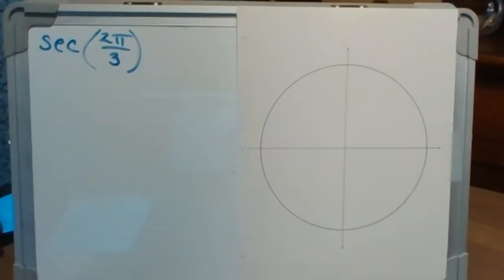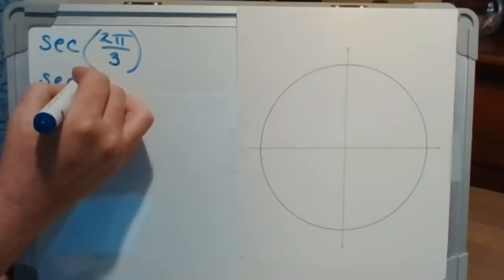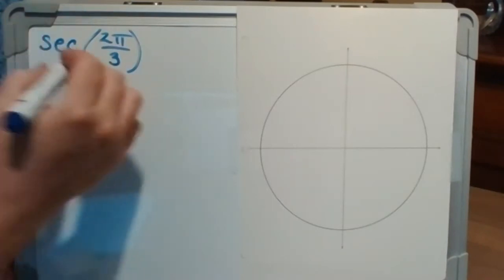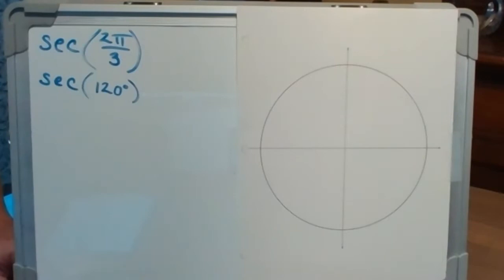Okay, so 2 pi over 3, I need to figure out what the degree is so that I can get my reference angle. How many degrees is 2 pi over 3? 180. 120? 180 would be just pi.